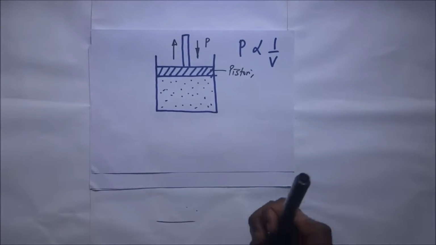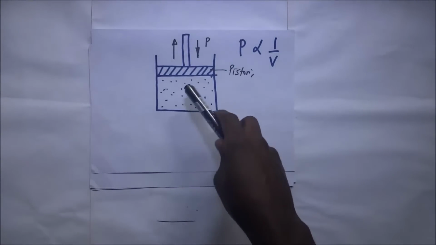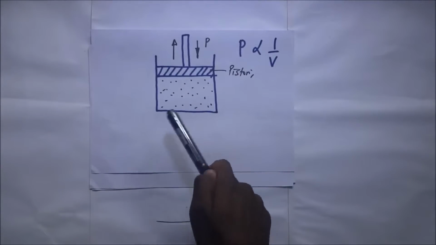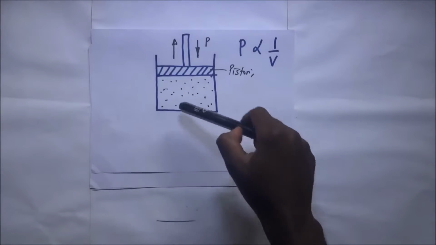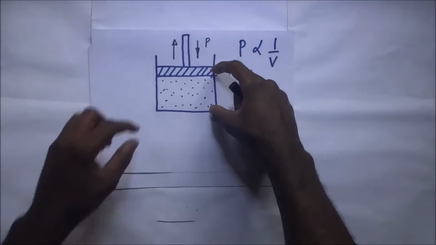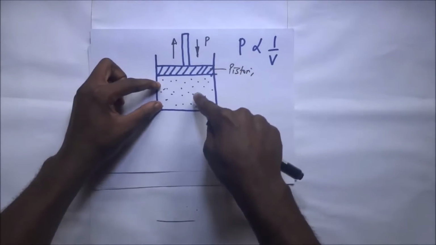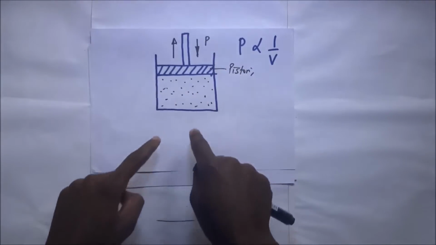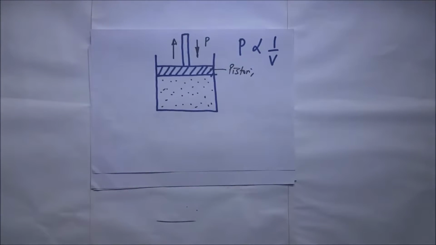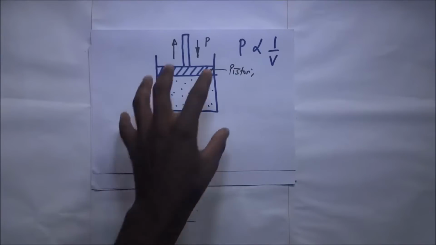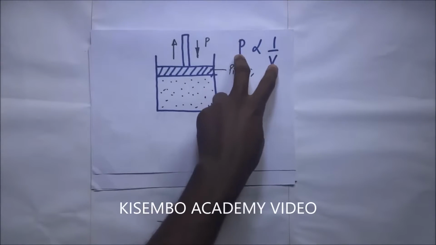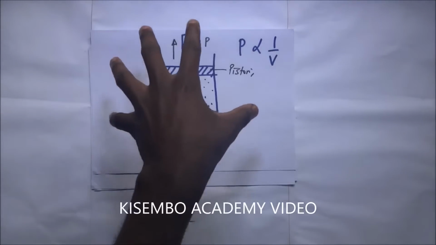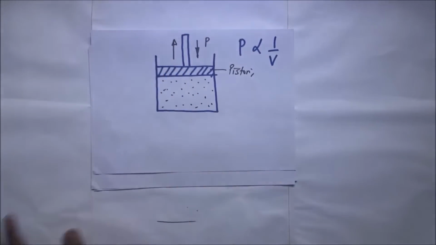Remember, the pressure of an ideal gas is accounted for by the rate at which these particles are colliding with the walls of the container. So upon reducing the volume of this container, the rate at which these particles collide with the walls increases. That is what accounts for the increase in pressure. Now remember that with Boyle's Law, the condition is that temperature has to be constant.